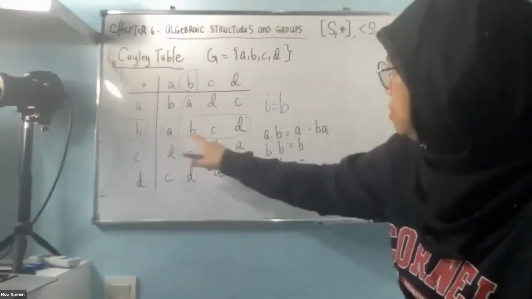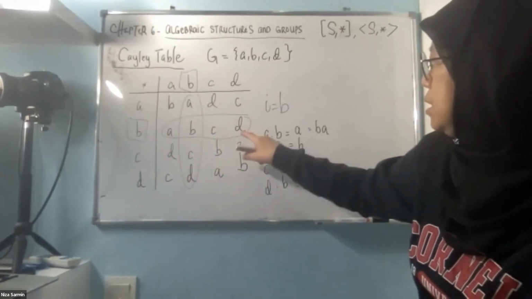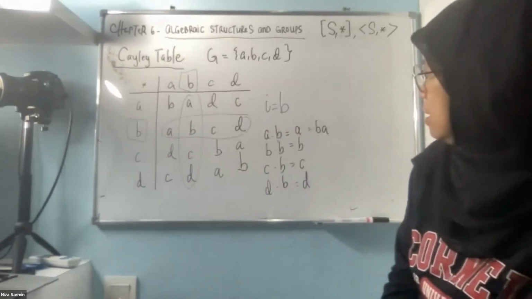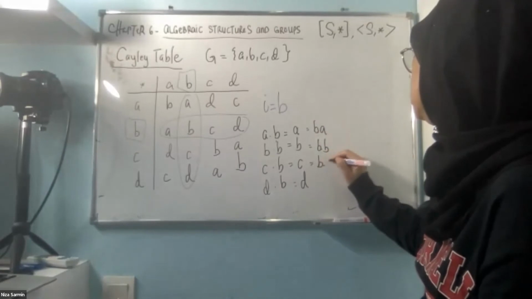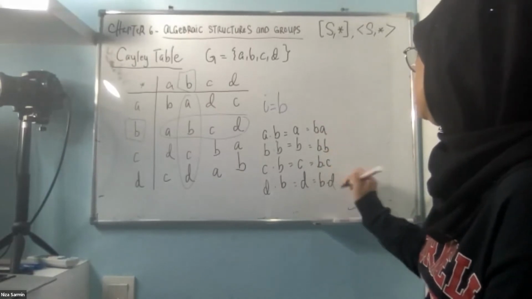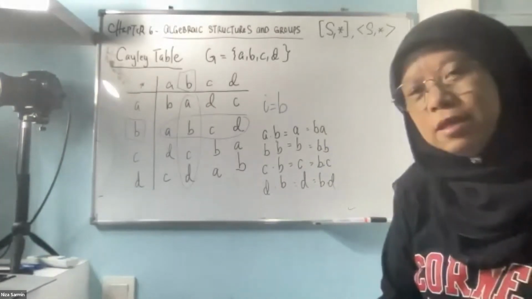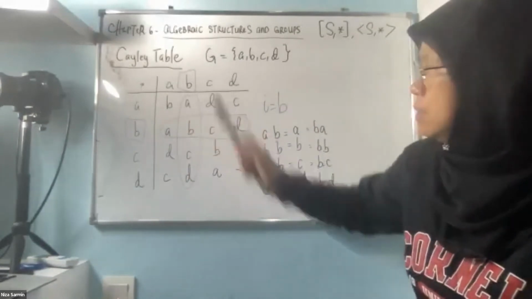And then BB, BC, BD. That is to find the identity: the row that is the same as the top one.